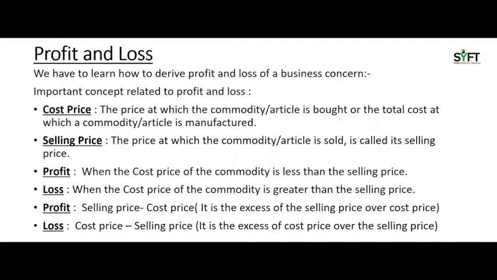Selling price: the price at which the commodity or article is sold is called its selling price. Profit: when the cost price of the commodity is less than its selling price, that is profit. And loss: when the cost price of the commodity is greater than the selling price, that is a loss.